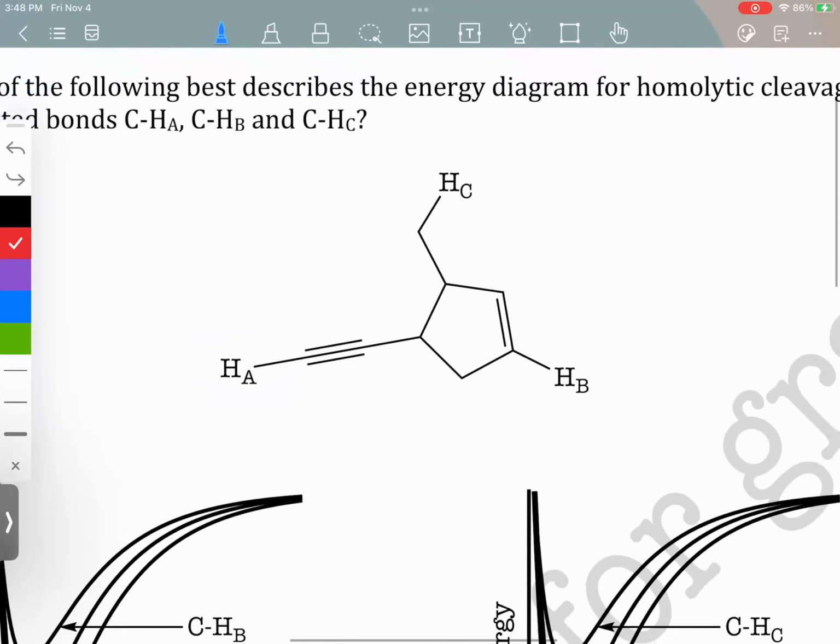So what's the difference between all these carbon hydrogen bonds? The hybridization. The hybridization of these orbitals from which you're breaking the hydrogen bond off of, they're all different.